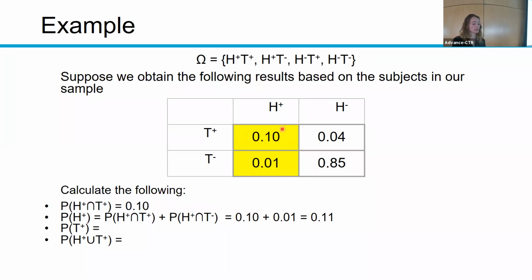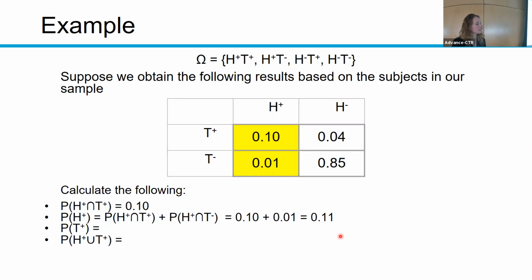As I said, all of these cells represent the intersections of all of these different things. So we can just grab these two. H positive, T positive is 0.1, and H positive, T negative is 0.01, so 11%. So the probability of having HIV based on those in our sample is 11%.